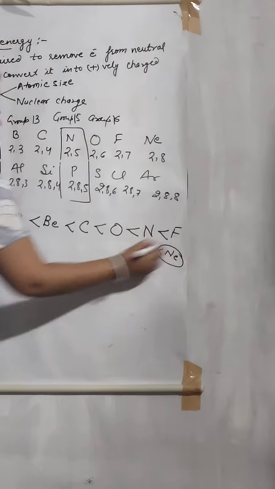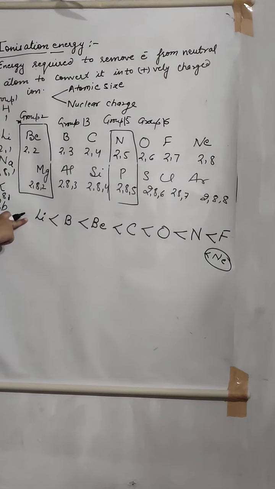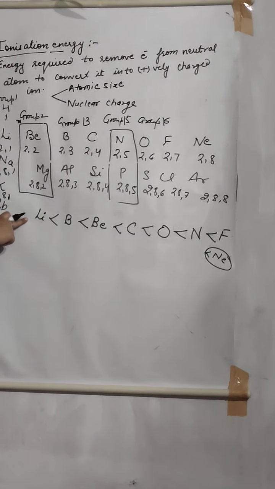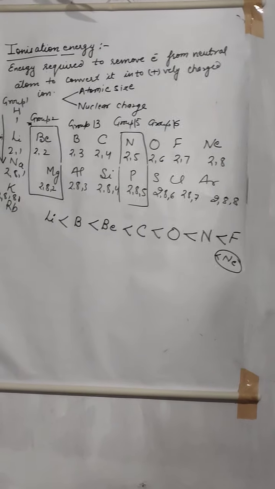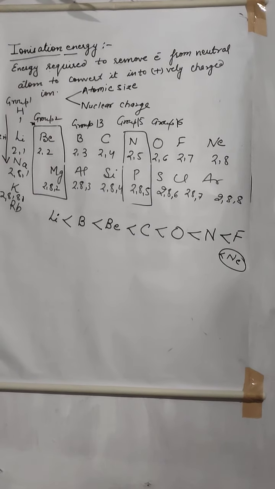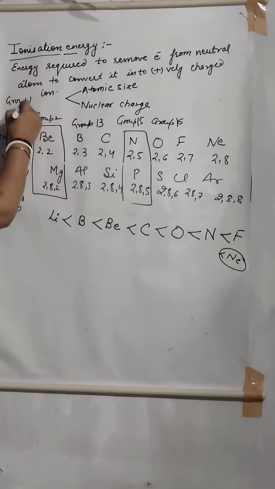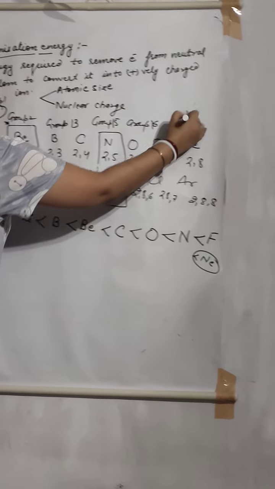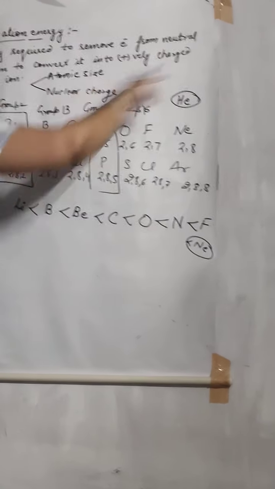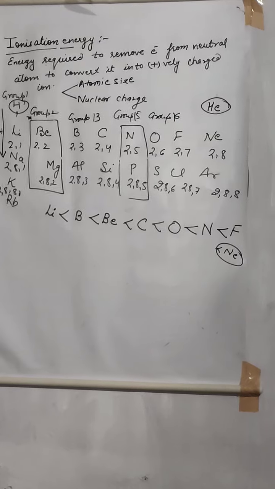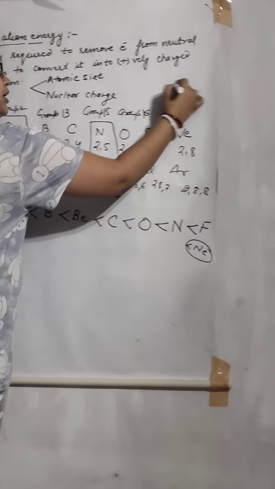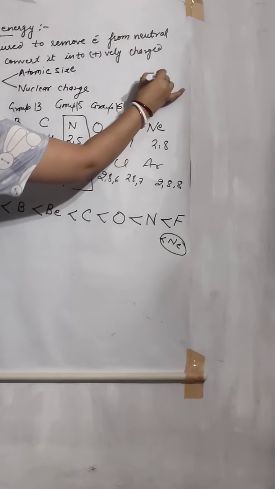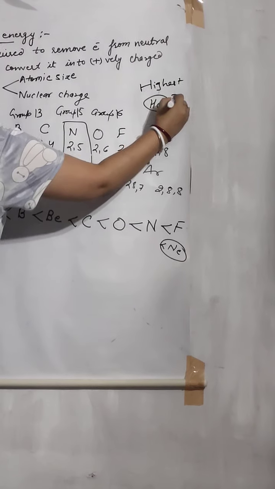So that means in this period, neon has the highest ionization potential. If we are asked to write the element which has the highest ionization potential, first we have hydrogen and then we have helium. As you move left to right in a period, ionization energy increases. So the highest will be helium. It will have the highest ionization potential.